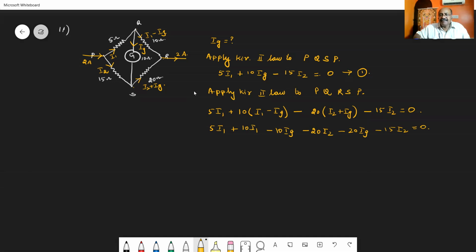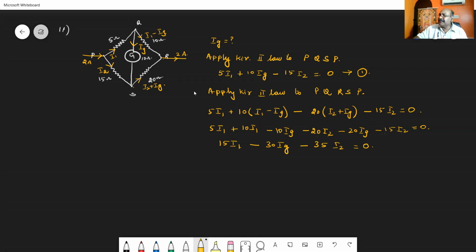Now 5I1 plus 10I1 gives 15I1, minus 10Ig minus 20Ig gives minus 30Ig, and minus 20I2 minus 15I2 gives minus 35I2, equal to 0.